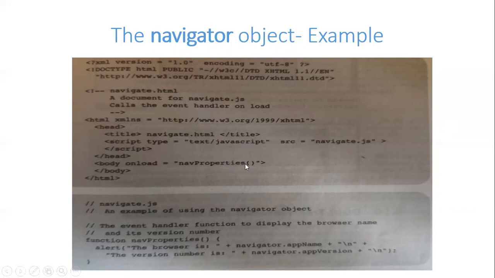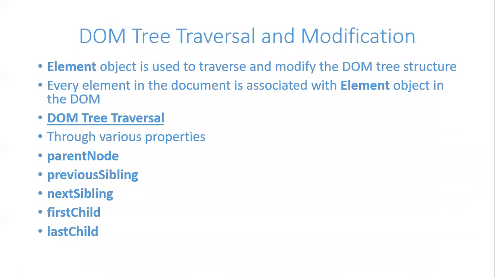Inside the nav properties function, we are calling alert, the browser is navigator.app name. So this is the navigator object dot app name. The version number also can be obtained, navigator.app version. So this will display the browser on which the program is being run and also the version of the browser.